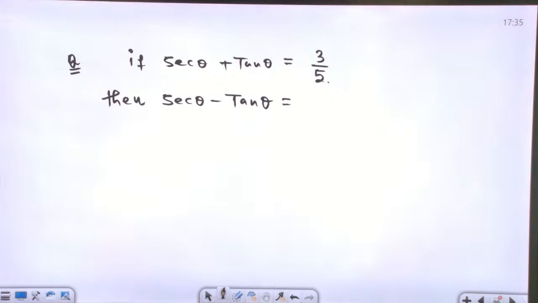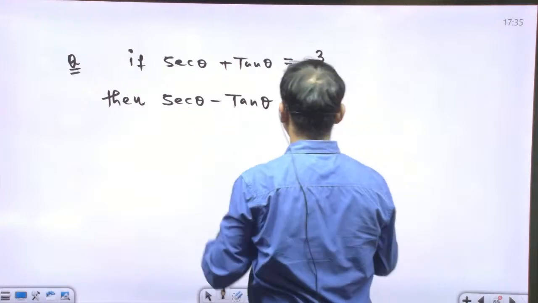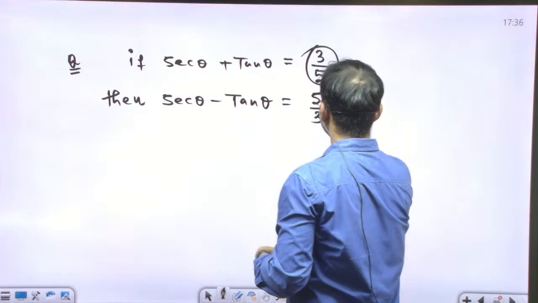Reciprocal of that number. Sec theta plus tan theta is 3 by 5, then sec minus tan will be the reciprocal of that number, that is 5 by 3.